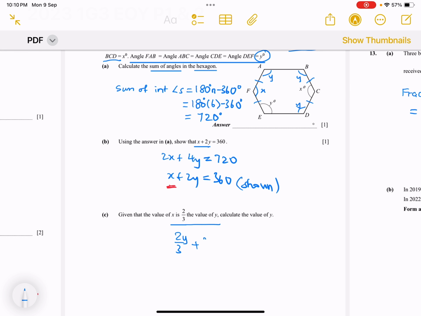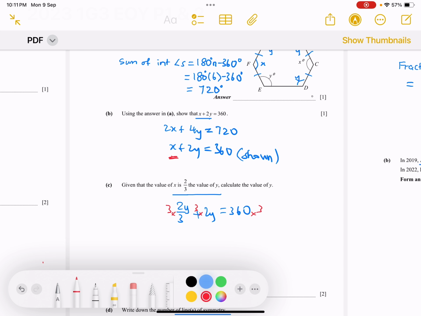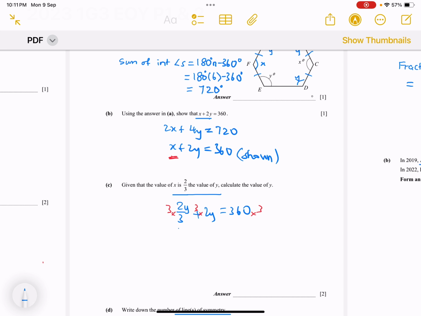When we have a fraction in an equation, we can get rid of it by multiplying throughout by the LCM. In this case, it's only 3. So we multiply by 3 throughout. Okay, that is how we can get rid of the 3.